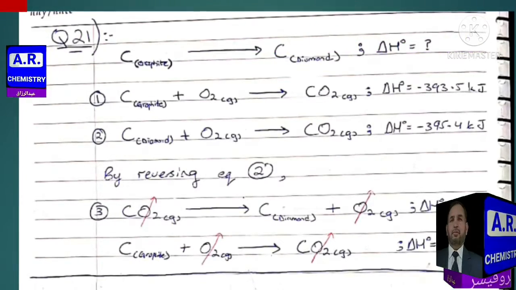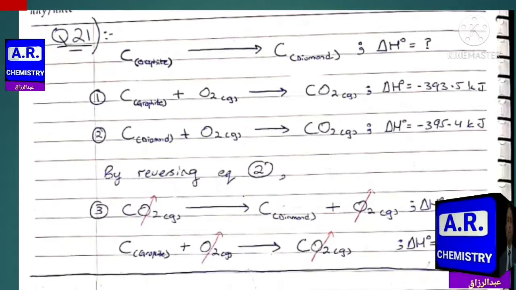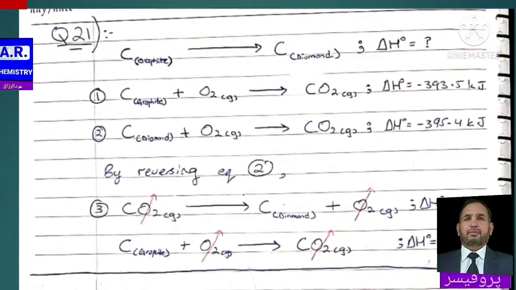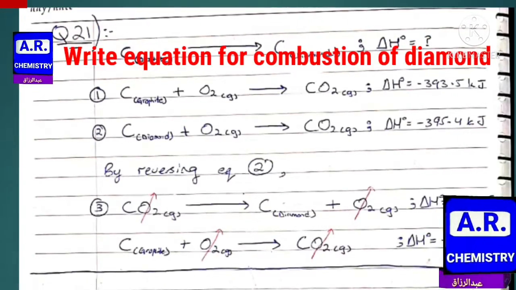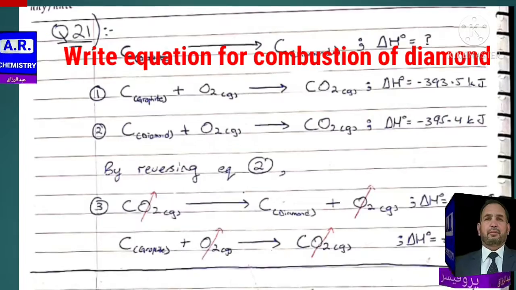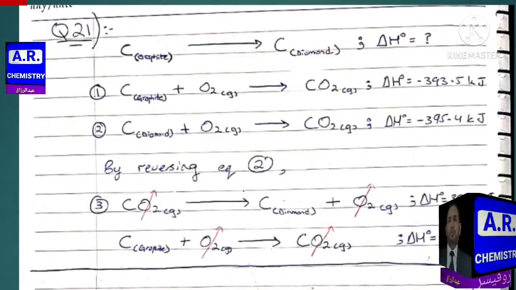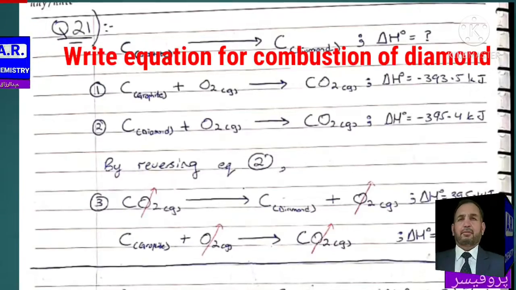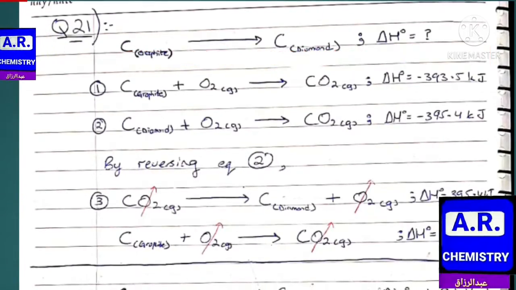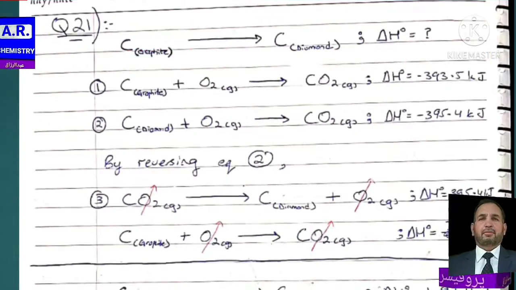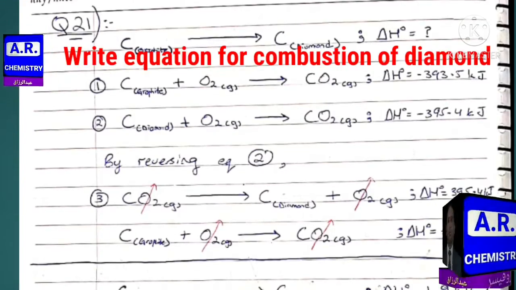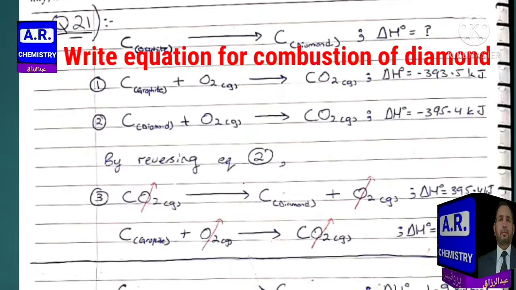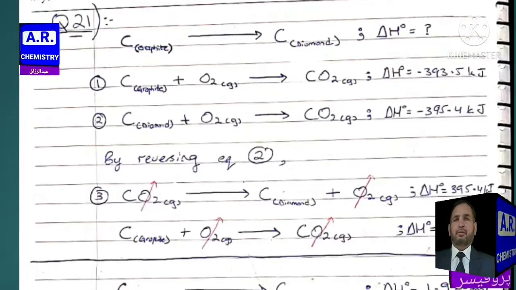After writing this equation, you have in the data enthalpy of combustion of diamond, 2. So as number 2, you are to write carbon, and this carbon is in the form of diamond, so you are to place the word diamond along with carbon.